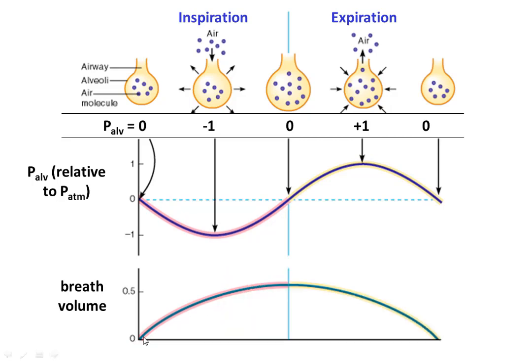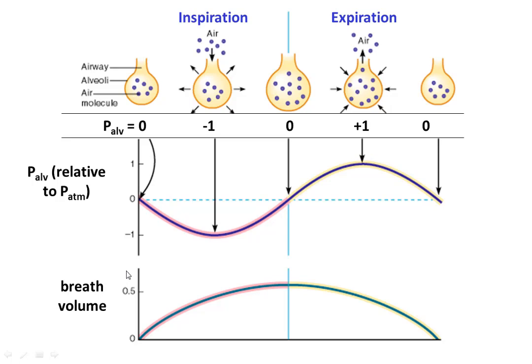So how much air gets in during normal resting eupneic inspiration at sea level? Approximately 0.5 liters, or 500 milliliters of air.